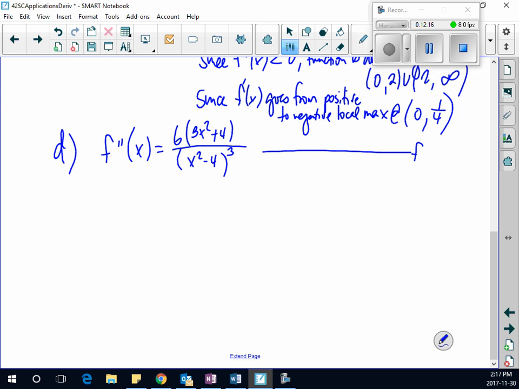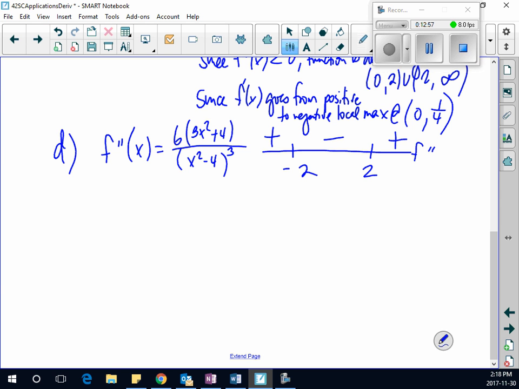So f double prime, negative 2, positive 2. It's going to be positive on top no matter what. Does everybody see that? Oh, right. It's a cubic on the bottom, so you got to watch. At negative 3, it would be positive, though, right? At 0, it would be negative, and at 3, it's going to be positive again.